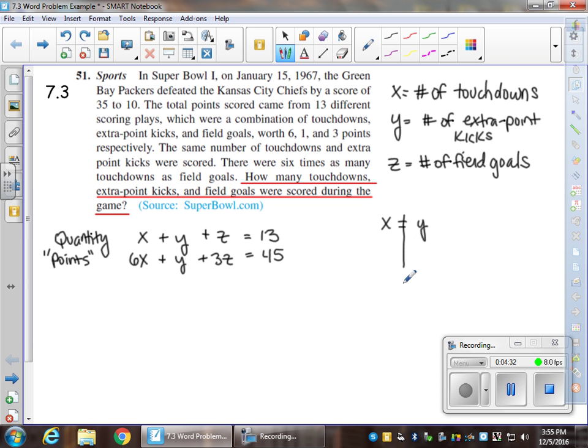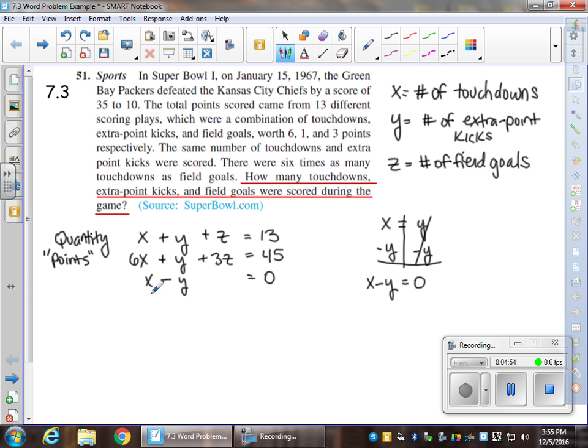Well, what if I subtract y from both sides? Those cancel. Now I have x minus y equals 0. Look at that. We got a number on the right-hand side. Now this is an equation we can use. x minus y equals 0.